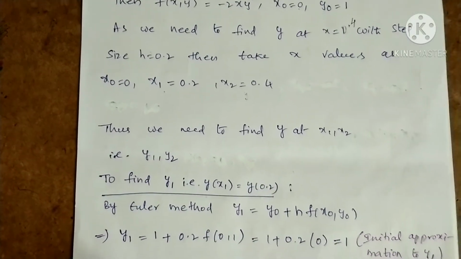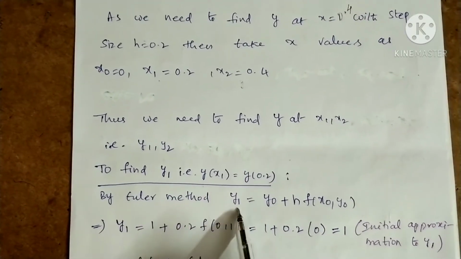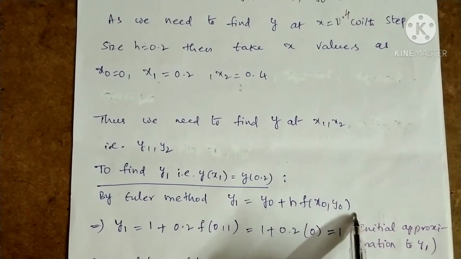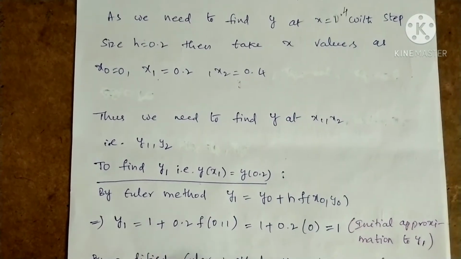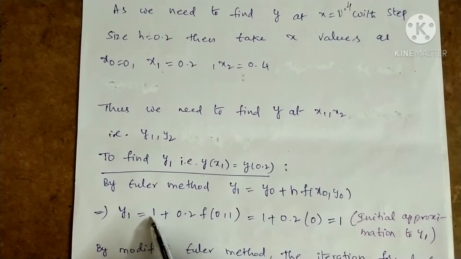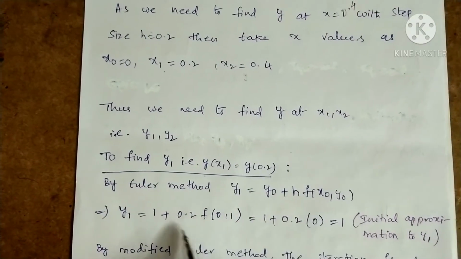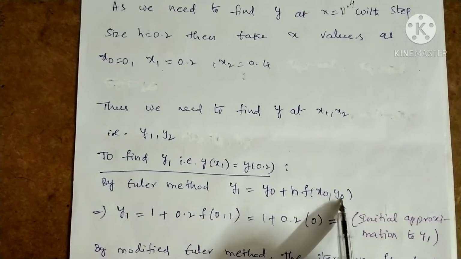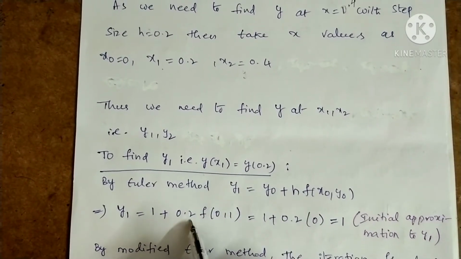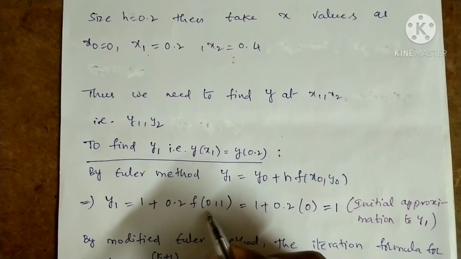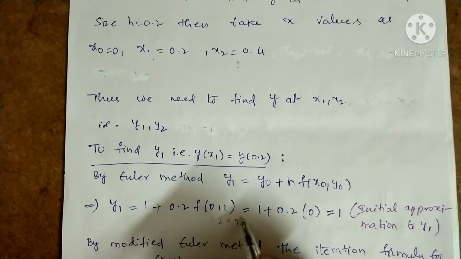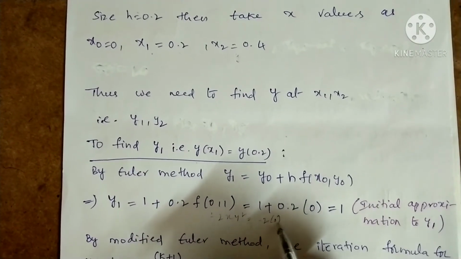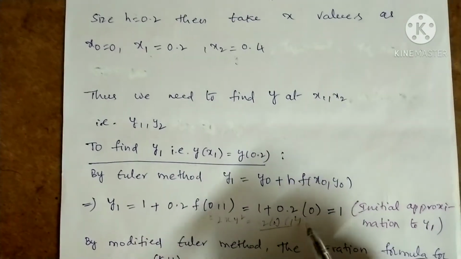By step 1, we must have the Euler value of y1. y1 can be determined using y0 + h f(x0, y0). Let us use the known data: y0 is 1, h is 0.2, and f(x0, y0) is f(0, 1). So it is 1 + 0.2 times f(x, y), which is -2xy², with x equal to 0 and y equal to 1: -2 times 0 times 1², and the overall value is 0.